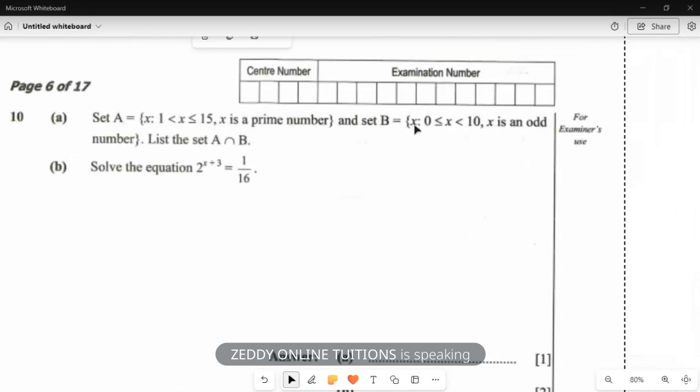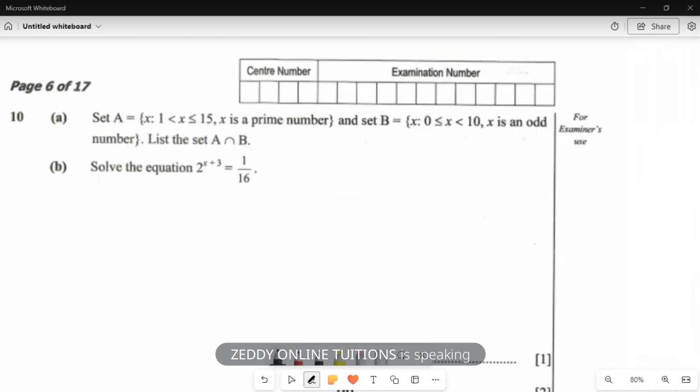If 0 is an odd number, you can include the 0. But 10 cannot be included, because x is less than 10. If they said less than or equal to 10, and 10 were an odd number, we could include it. Let's not take much time, because time is not with us.